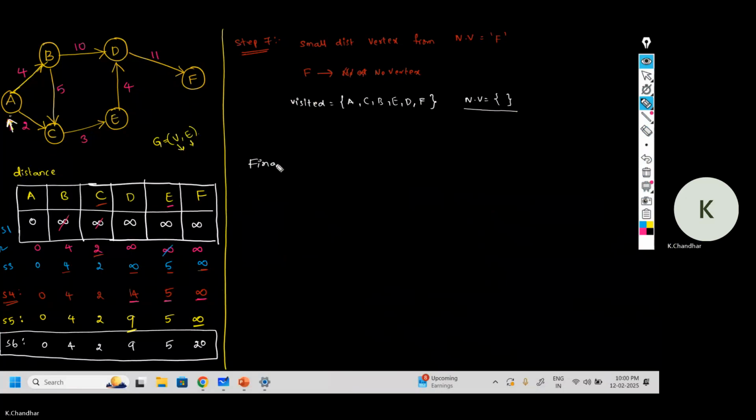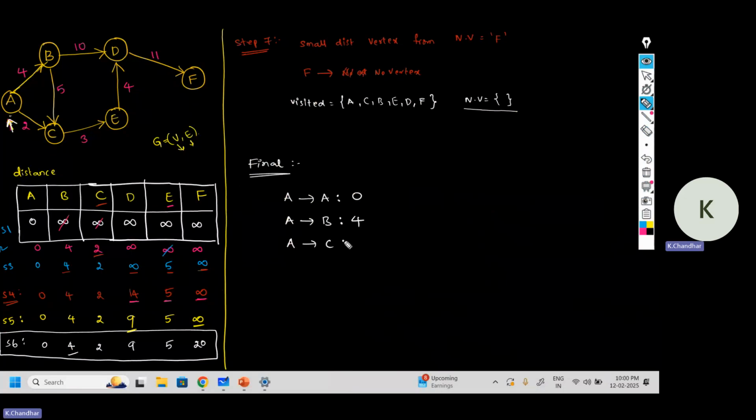Finally, we need to find the distances from A to all the remaining vertices. From A to A, how much distance do you need to travel? 0 distance. If I want to go from A to B, how much distance do I need to travel? 4.